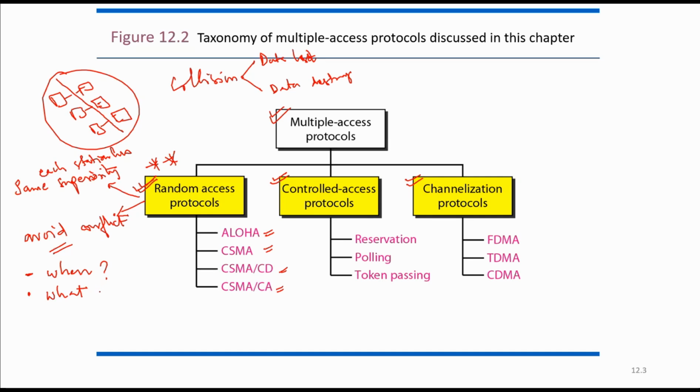What to do when busy: suppose the channel is busy, what can a station do? Also, how a station determines whether the transmission has failed or not, how to find out the success or failure of the data transmission. These are the points governed by a set of rules in the random access protocols. Those sets of rules are called ALOHA, CSMA, CSMA CD, and CSMA CA.